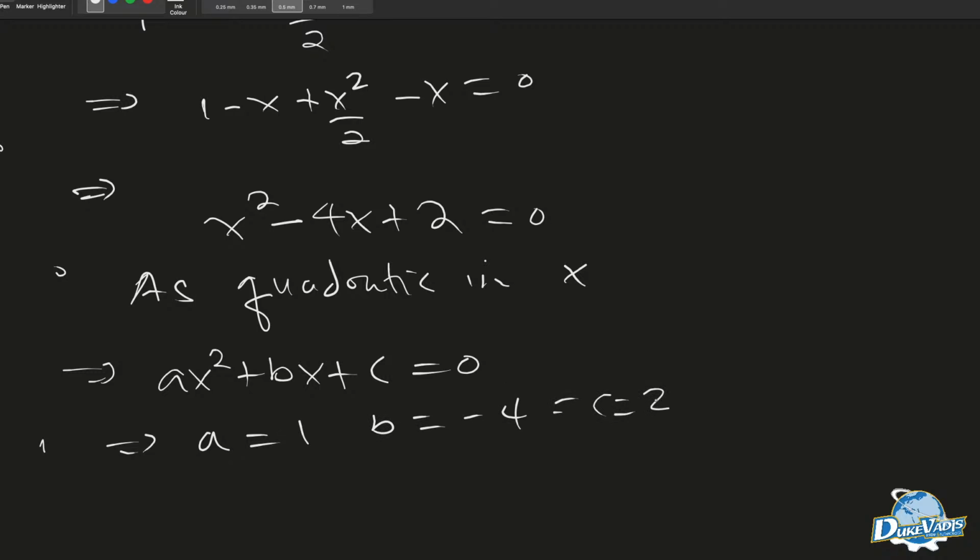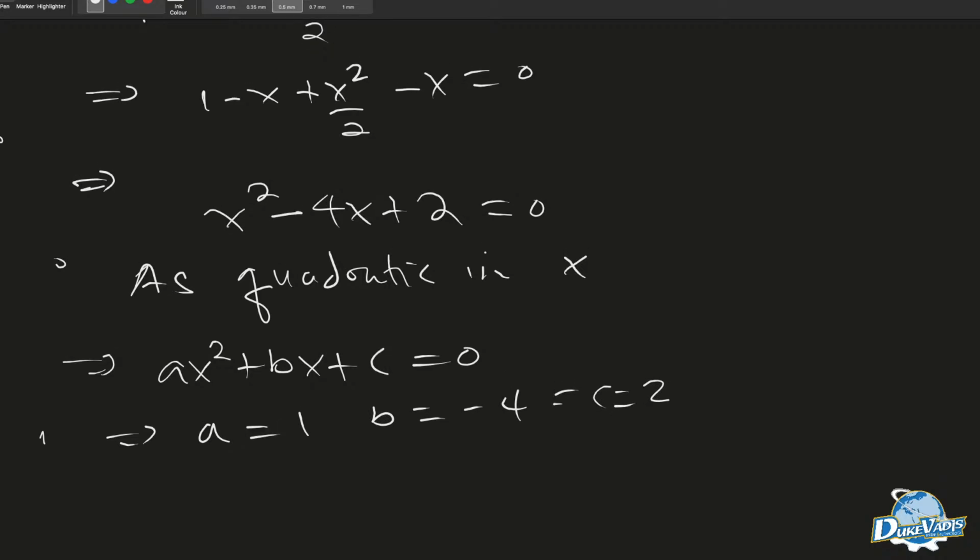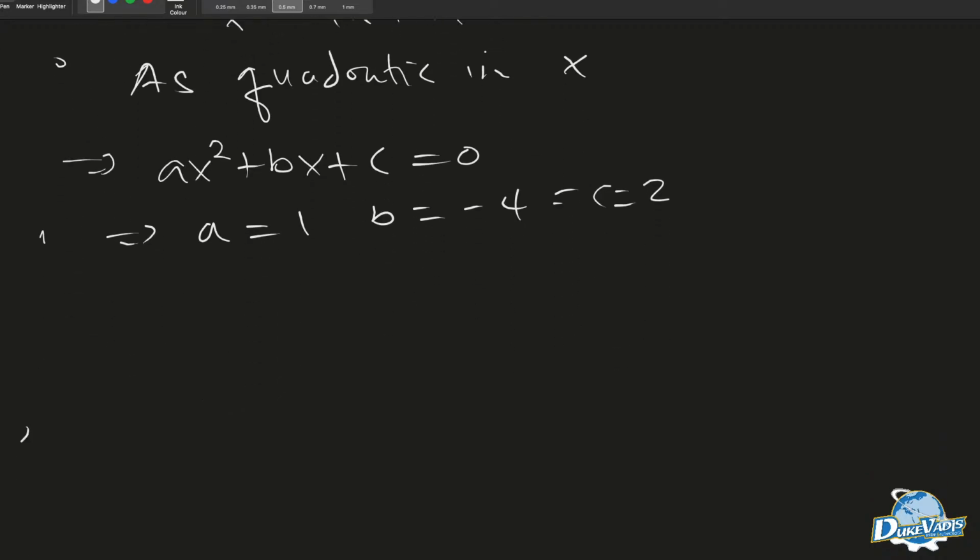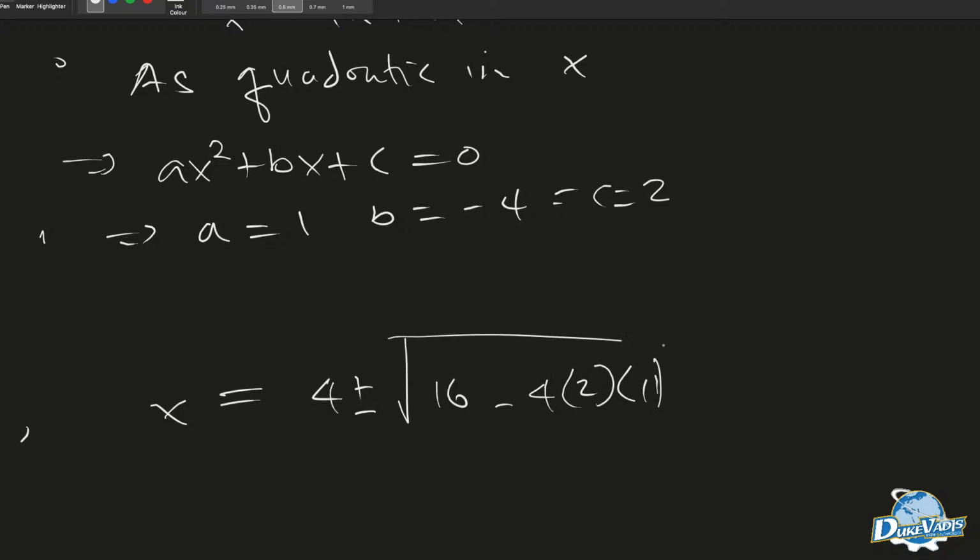If you use the discriminant, you will see that x eventually will be solved as x = (4 ± √(16 - 4(2)(1)))/(2 × 1).